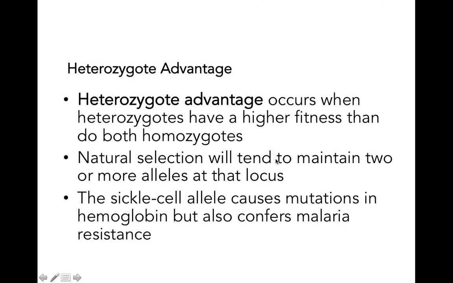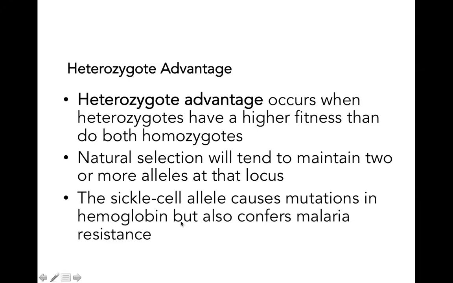So for heterozygote advantage, what this means is if you are a heterozygote, you have some type of advantage over both of the homozygous states. So natural selection is going to maintain both of the alleles in a population, although it may have to do it in a somewhat indirect fashion.